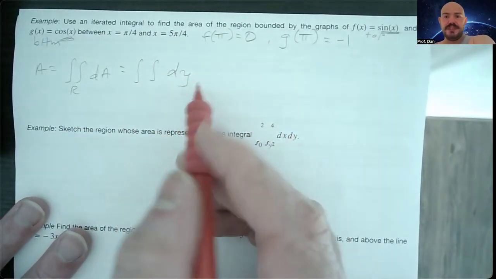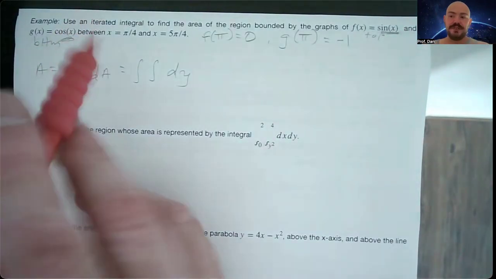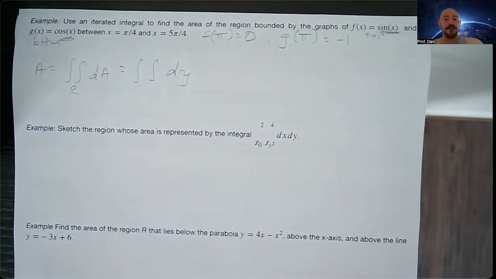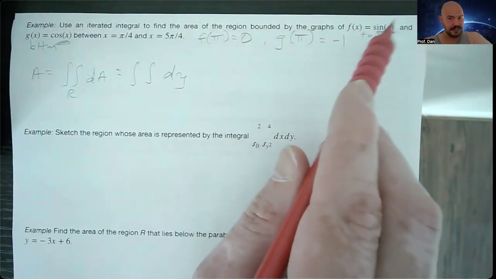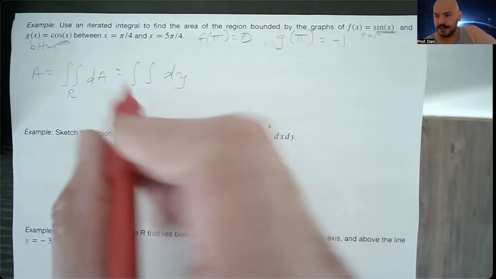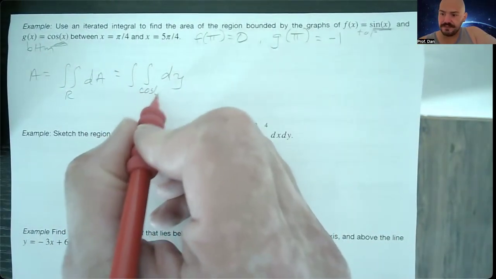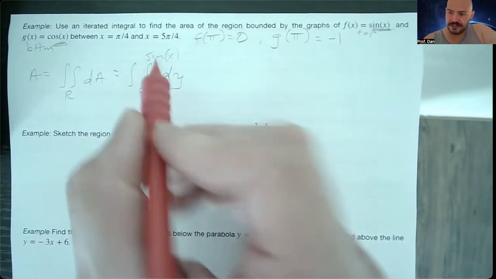The reason for that is because we were given y in terms of x, and by the end of this, I want to have a number for an answer, not stuff involving x. So I don't want these to be on the outside. I actually want them to be on the inside integral. So I'll put the bottom on the bottom, cosine x, and the top on top, sine x.